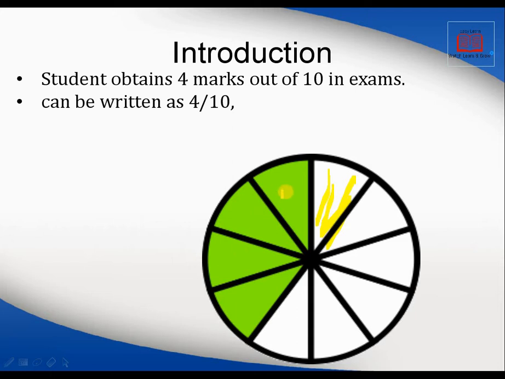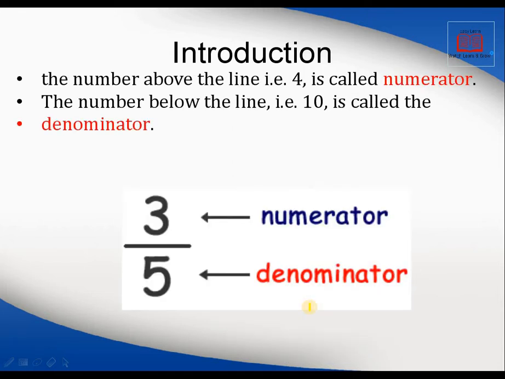As you can see, these are the green shaded portions. These are the marks that the student obtained, the 4 highlighted portions, and the remaining 6 portions are not highlighted. This is called a fraction. The student obtained a fraction of the total marks.